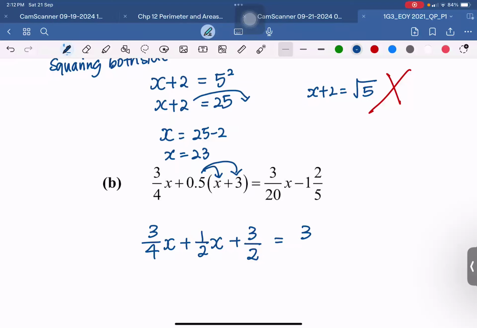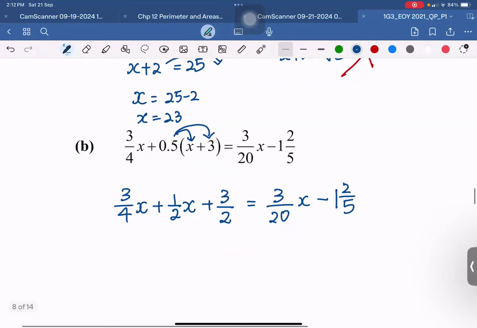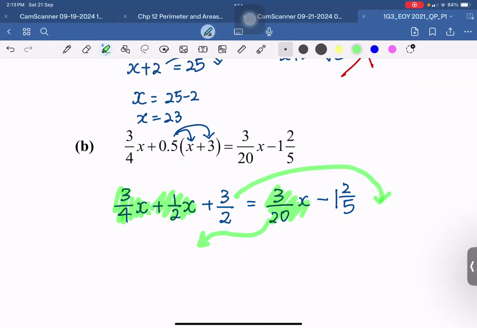Then we have 3 over 20x. I don't like a mixed number, but never mind, since the question wrote it this way. The question wants me to solve for x. What I'm going to do is group all the terms with x together on one side, and all the numbers on the other side.